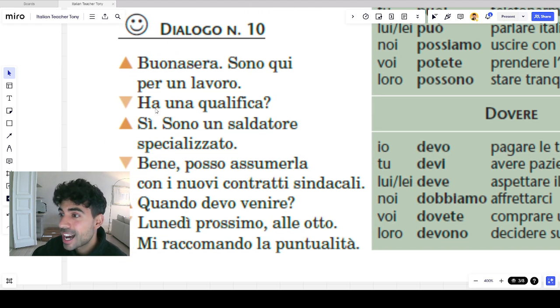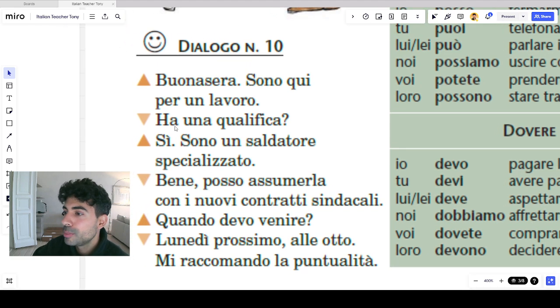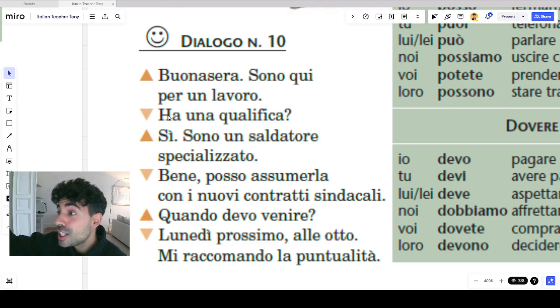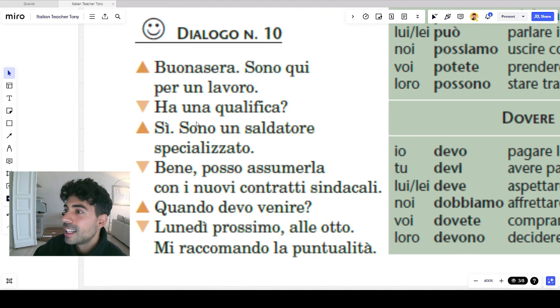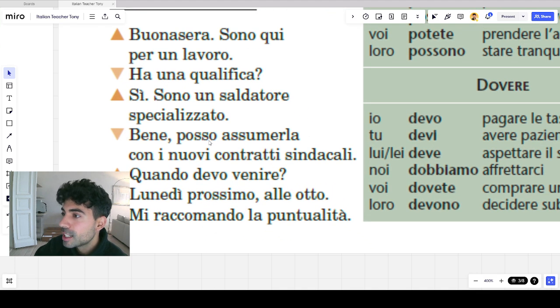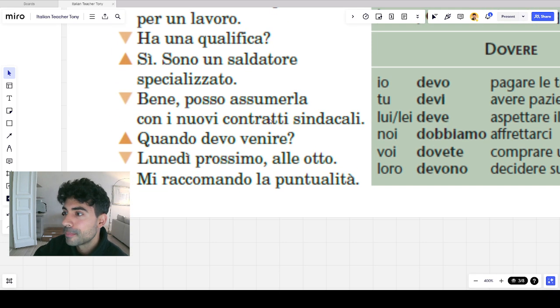So lei ha. In English would be she has, literally. Does she have a qualification? But in Italian, the lei form is the polite form. Lei ha una qualifica, and also here, posso assumerla. This la is a pronoun, usually for feminine words, but in this case, referring to the guy in the polite way. I can hire you politely.